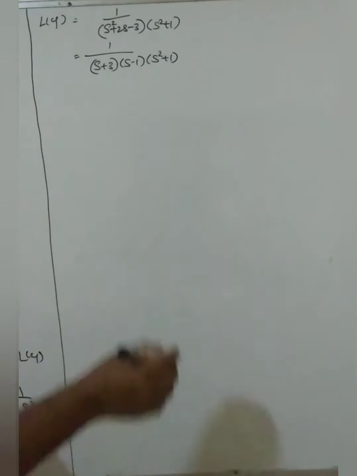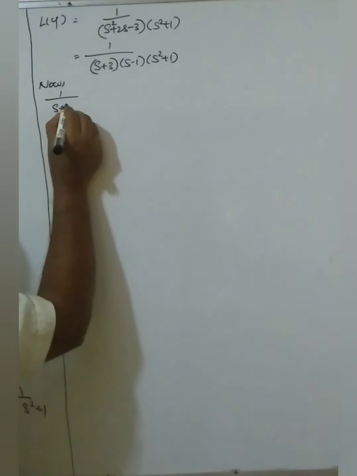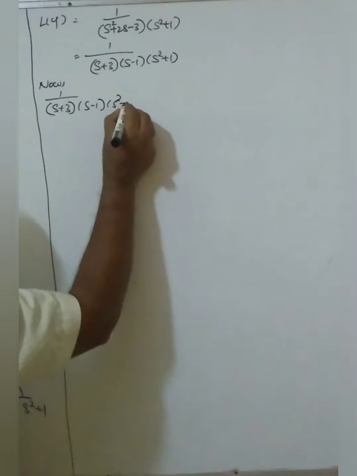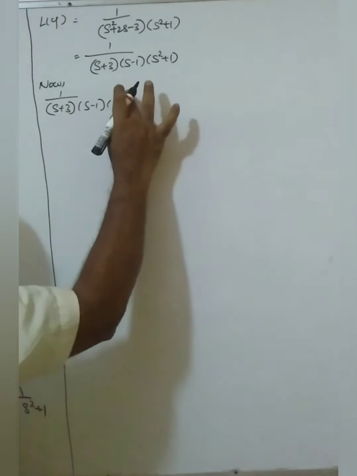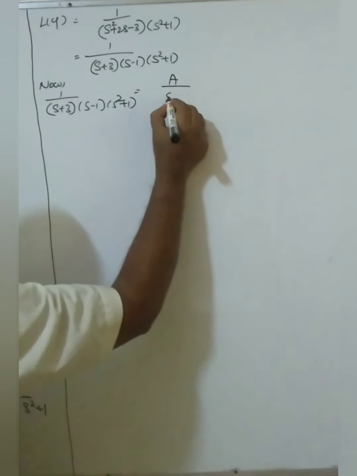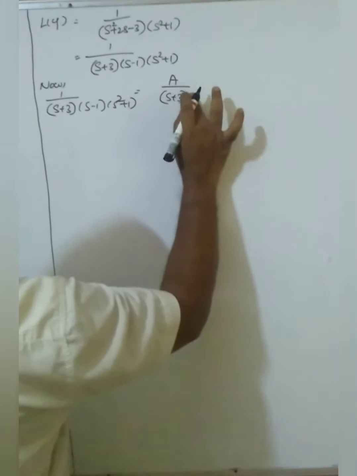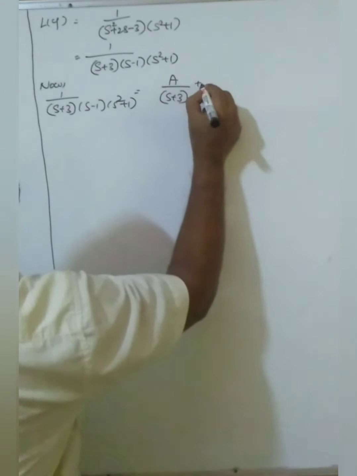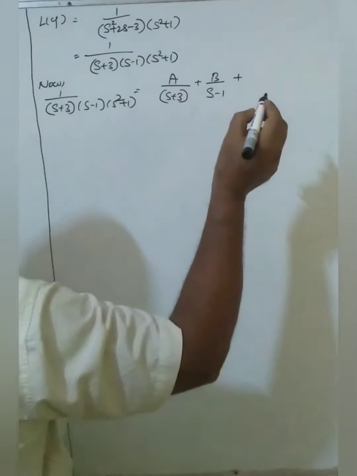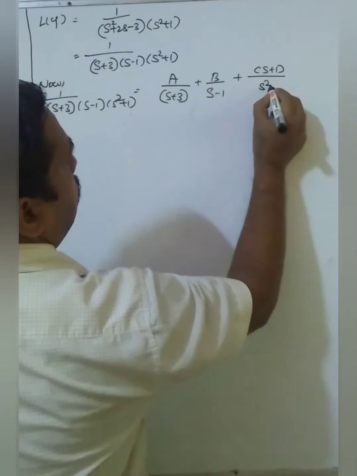So now 1 by s plus 3 into s minus 1 into s square plus 1 equal to a by s plus 3, plus b by s minus 1, plus cs plus d divided by s square plus 1.